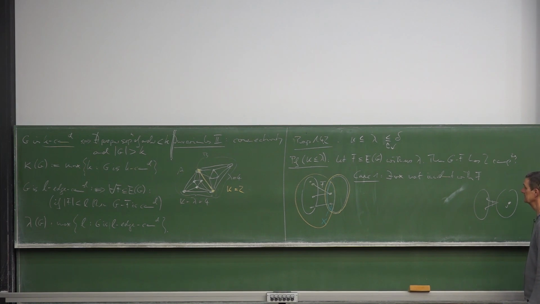And the set X here separates this vertex from those vertices. And this set X here does not include V, because V is not incident with F. Right?